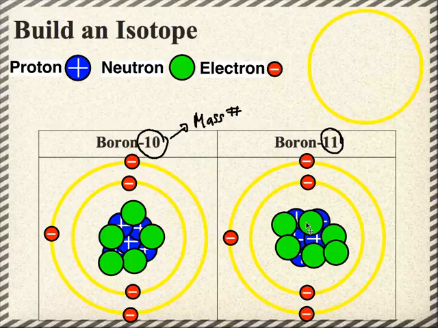It might not sound like a big deal, but it actually is, because even just one extra neutron, even though it's a neutrally charged item, does affect what that boron looks and acts like. But it's still boron because both of them have 5 protons. All right, so that's how you would build an isotope.